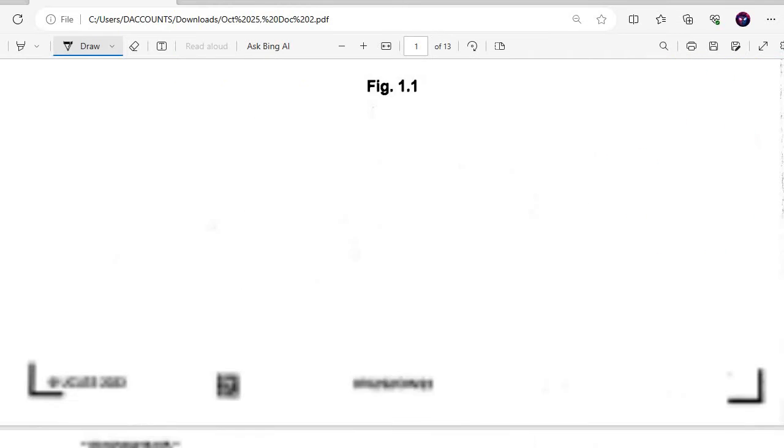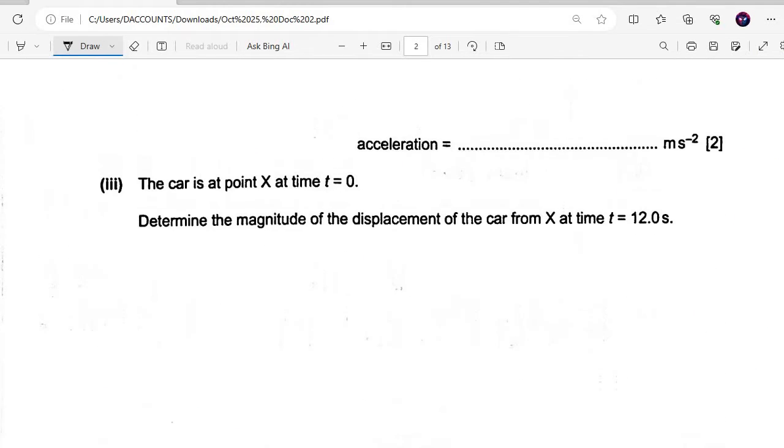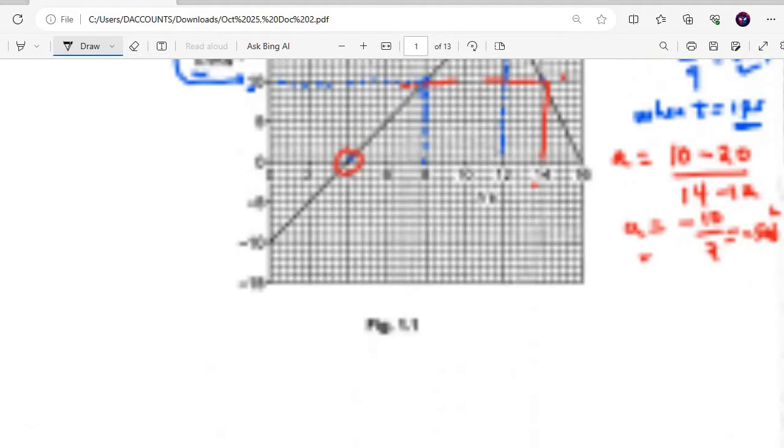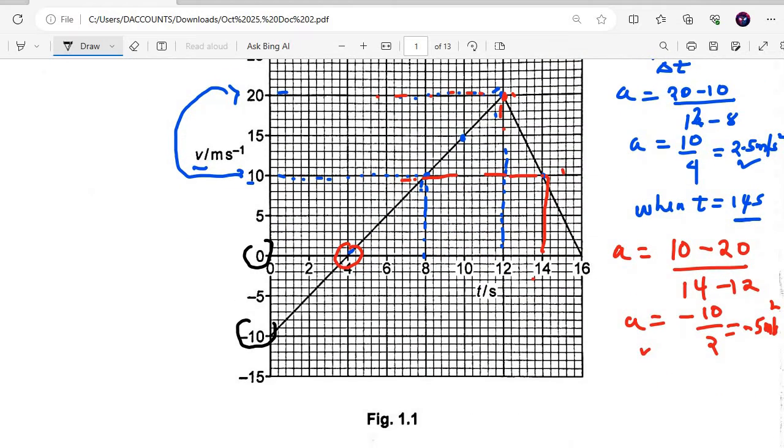So we can say v2, the final velocity, minus initial velocity. Initial velocity is -10. The time between them is 4 minus 0, so we have 10 over 4. You can see it gives us 5 over 2. It's still the same thing, provided that it's on the straight line, so they all have the same acceleration. Can you see it here? So 2.5 meters per second squared.